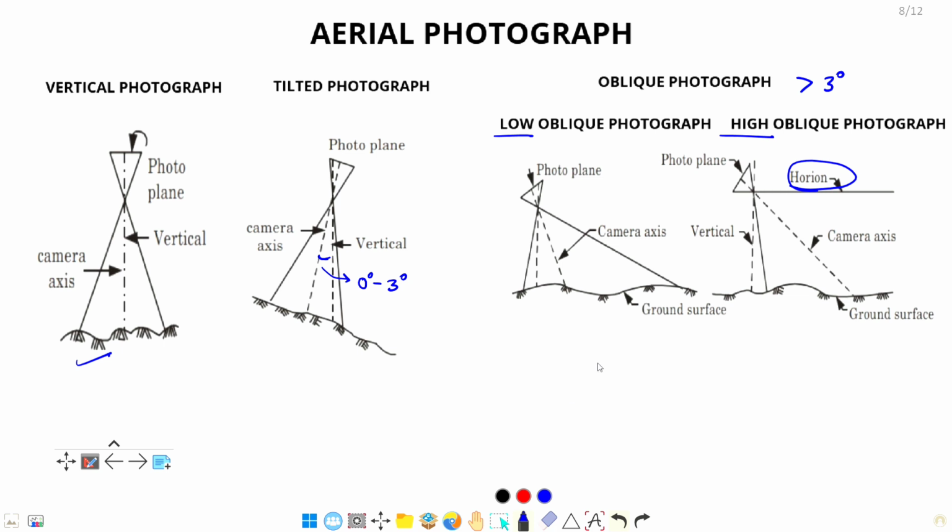That large distance very far from us is called the horizon. If it is captured, then it is called a high oblique photograph. Otherwise it will be called a low oblique photograph.